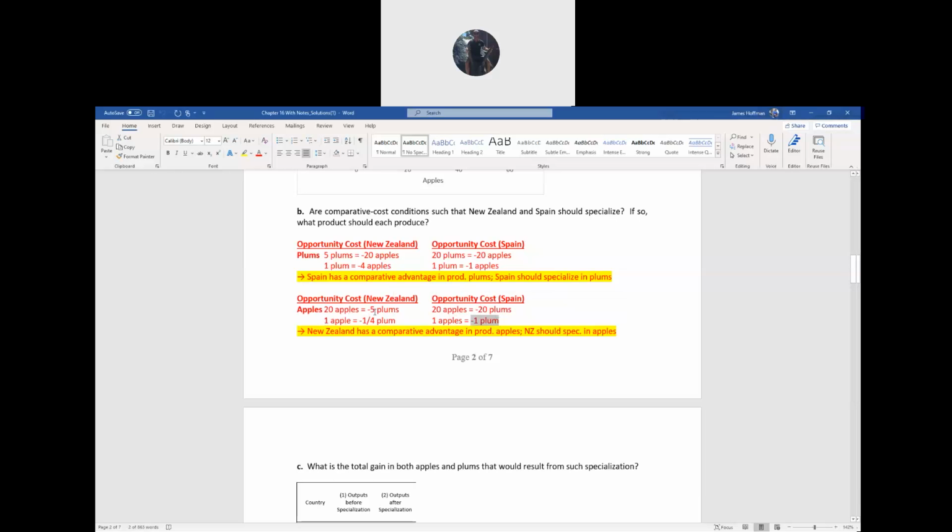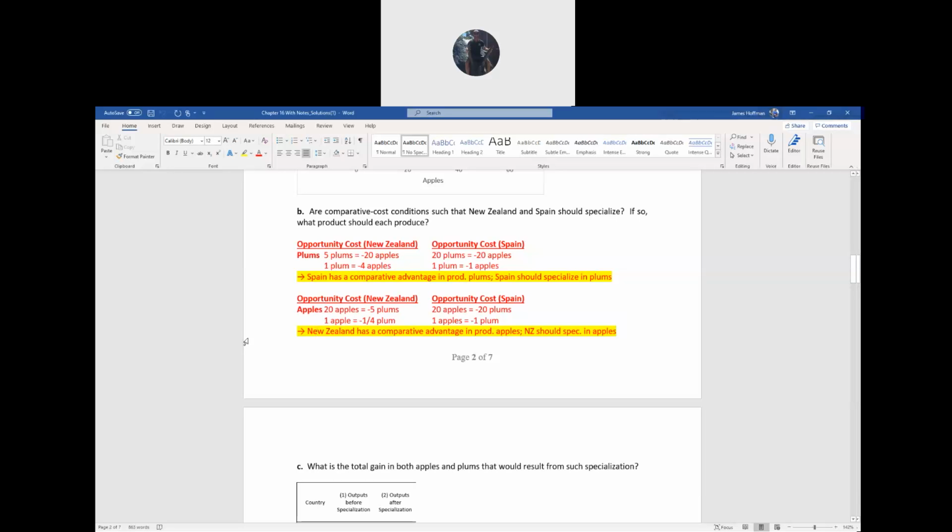So here, see that New Zealand gives up less. Therefore, they have a comparative advantage in producing apples. So New Zealand has a comparative advantage in producing apples, and they're going to specialize in producing apples. So what we got here from part B, which is very important, is that Spain's going to produce only plums, and New Zealand's going to produce only apples.